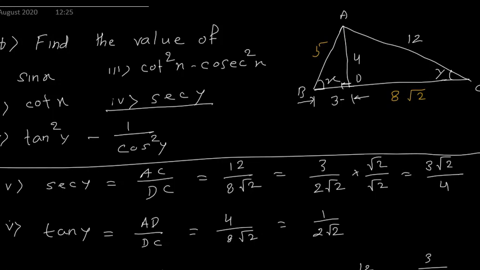Second, you have to understand the right angle triangle, what is the hypotenuse, and how you can apply the Pythagoras theorem to find an unknown side in a right angle triangle when two sides are given. Once you are comfortable with these two concepts, then you can start this exercise.